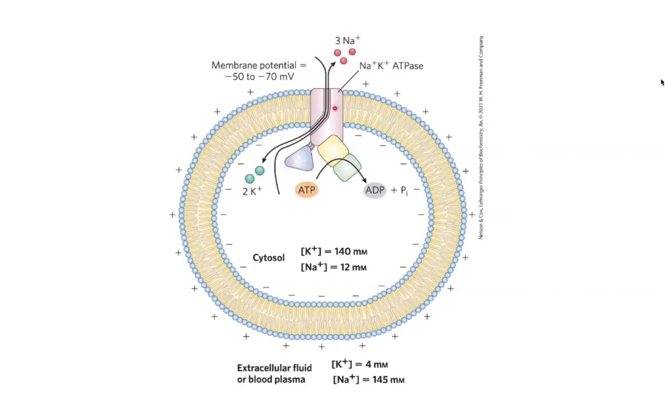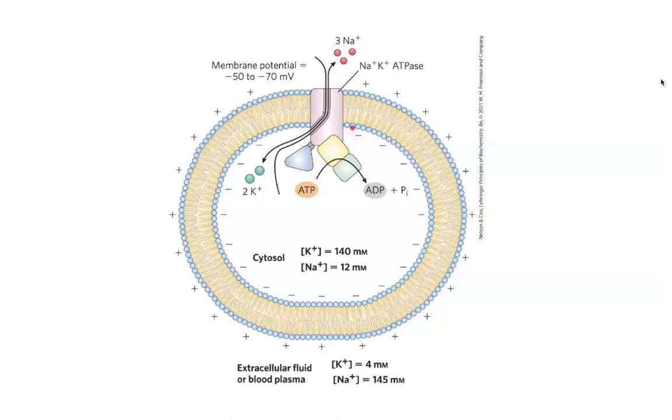Actually, in this case, it's letting 3 sodiums out and letting 2 potassiums in. In this way, we're able to pump out the sodium, pump in the potassium, and maintain the potassium concentrations higher inside of the cells and the sodium concentrations higher outside of the cells, providing that chemical gradient that would have disappeared if you just let things go freely through.